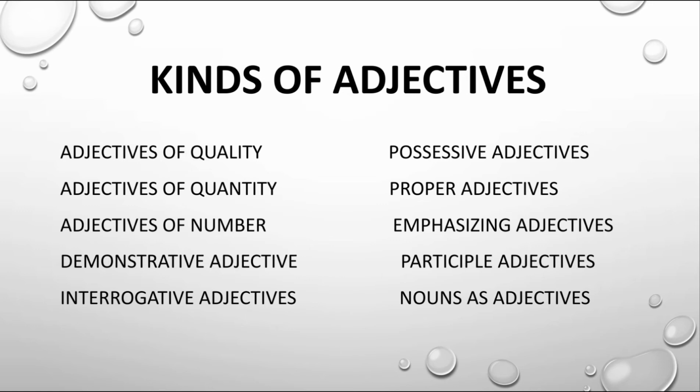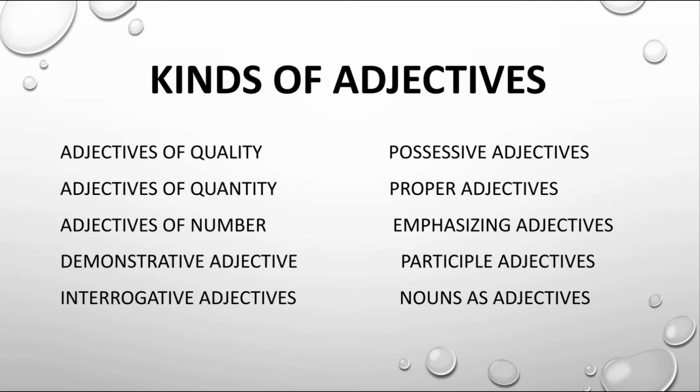Generally adjectives of quality answer the question "what kind?" For example, Afzal is a lazy boy. What kind of a boy is Afzal? Lazy. He is a good man. What type of a man is he? Good. So, this is adjective of quality.